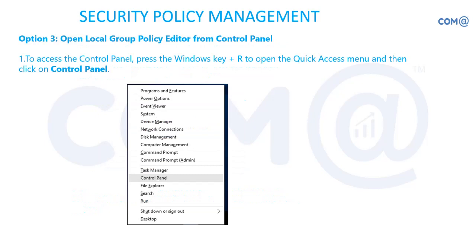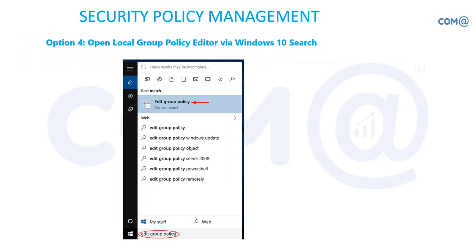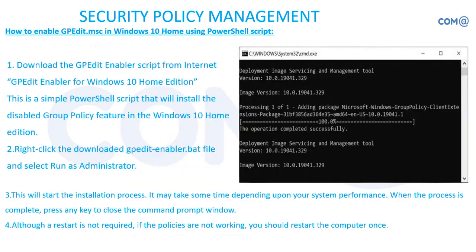Otherwise, the third option is you can open the quick access menu with Windows key plus R. You can type control panel, and from that you can open Edit Group Policy, and your group policy will get opened. But when you type this and you are told the group policy is not available, gpedit is not enabled, and that too on a Home Edition, then we have to install a gpedit program from the internet, and only then will it open.